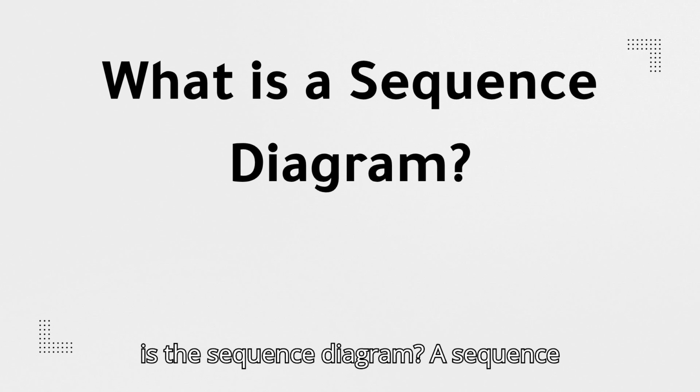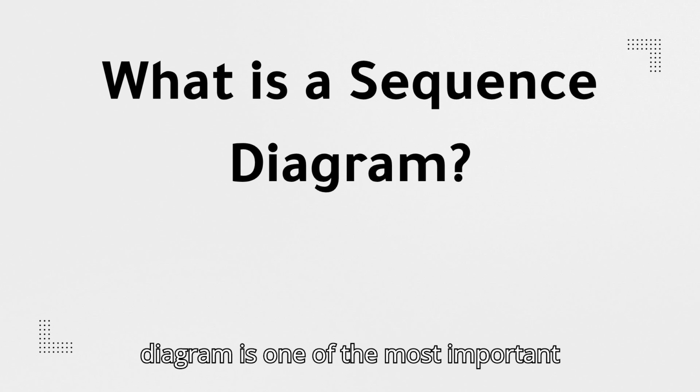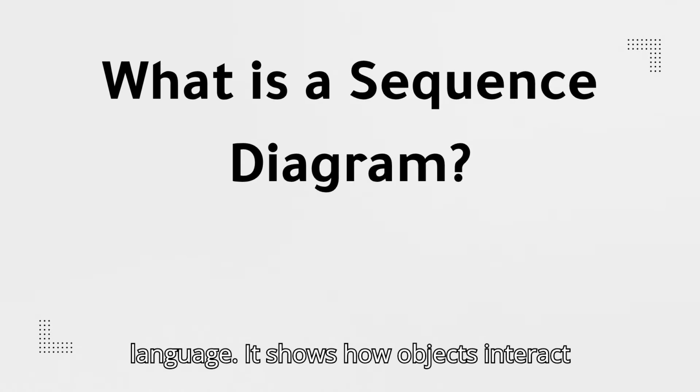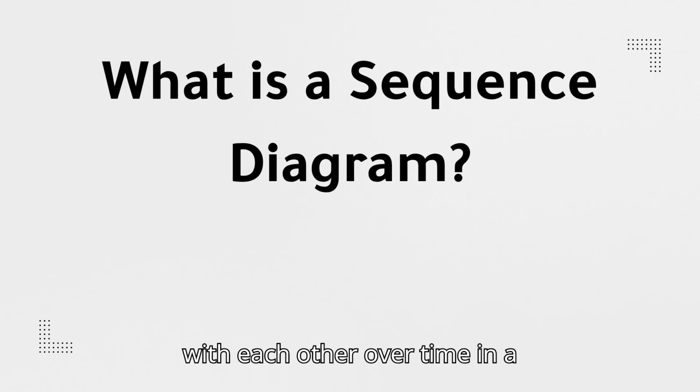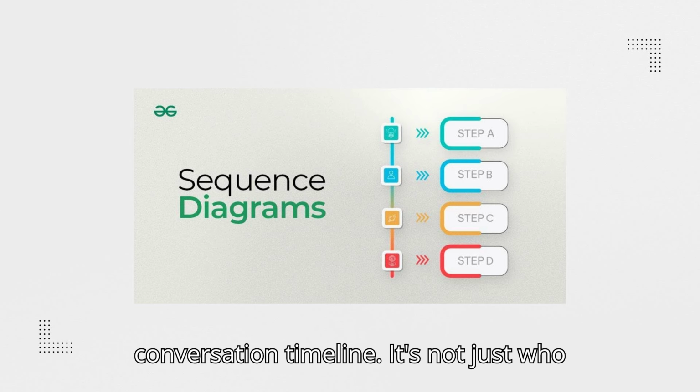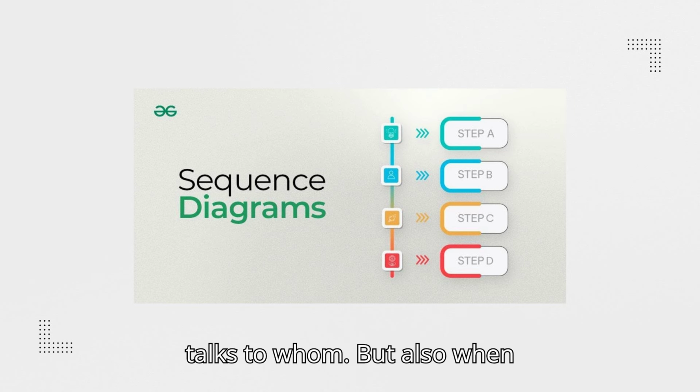What is a sequence diagram? A sequence diagram is one of the most important diagrams in UML, or Unified Modeling Language. It shows how objects interact with each other over time in a practical scenario. Think of it like a conversation timeline. It's not just who talks to whom, but also when and in what order.